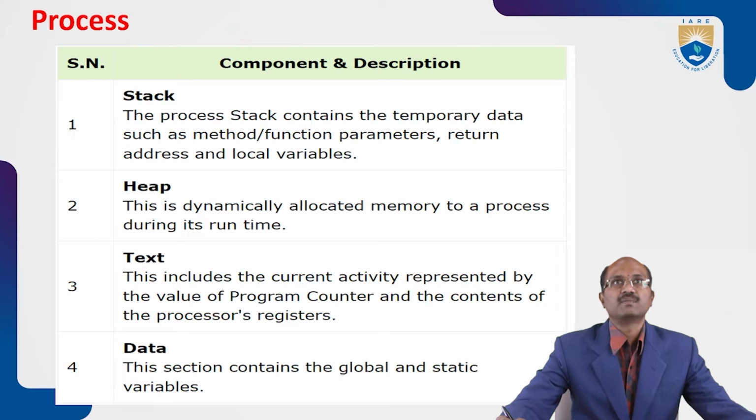The next section is the text, which includes the current activity represented by the value of the program counter and the contents of the processor's registers. The fourth is the data section, which contains global and static variables. These are the four sections, each described in this slide.